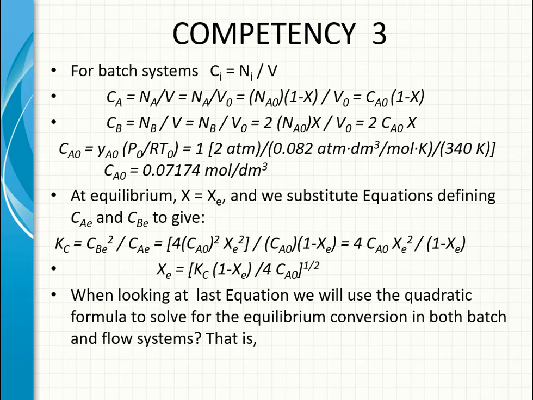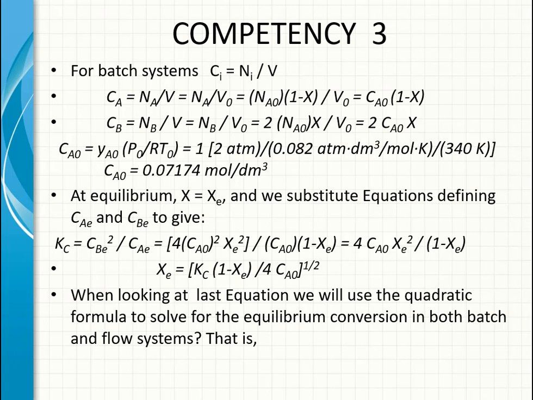And the initial concentration of A, we can obtain using the ideal gas law, in which the concentration Ca0 is equal to Ya0 times P0 divided by RT0. Ya0 is equal to 1 because pure N2O4 is going into the reactor. The total pressure is 2 atmospheres.